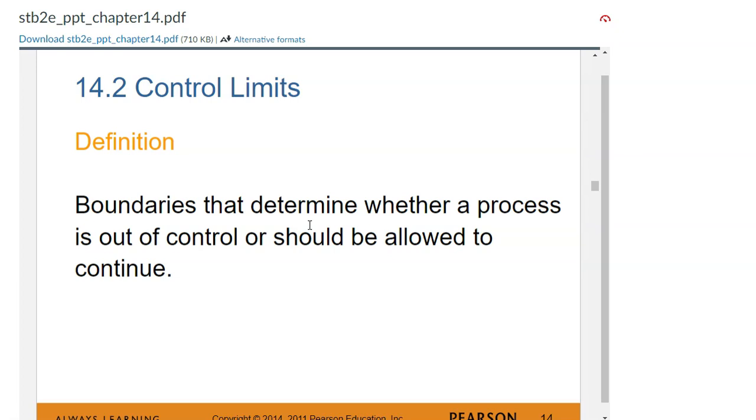So you learned that 2 times standard deviation covers almost 95% of your observations. Do you remember that? That's an important thing that you learned. 1 time, approximately 68%. 3 times, it covers 99.7%.